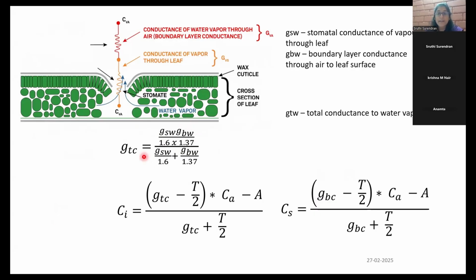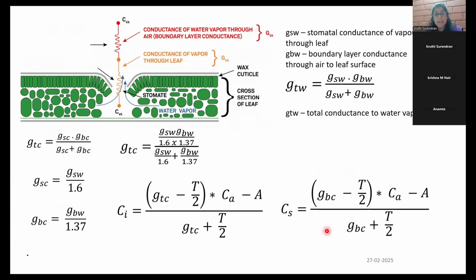Now, why we need all of this is that when we are estimating the carbon dioxide concentration on the surface, we need to know the boundary layer conductance to carbon dioxide also. I wrote this equation here too, so that you can understand how the Licor instrument is estimating the internal carbon dioxide concentration.